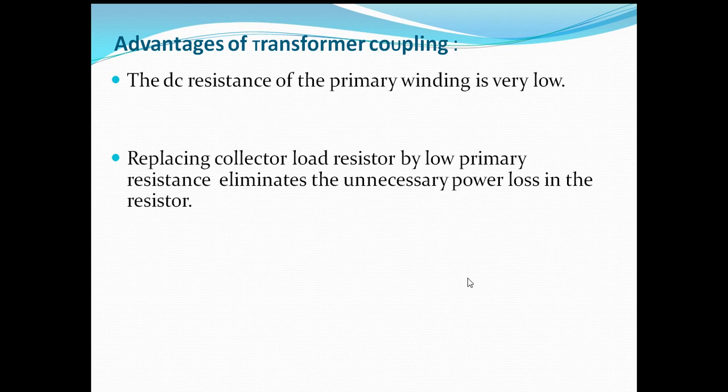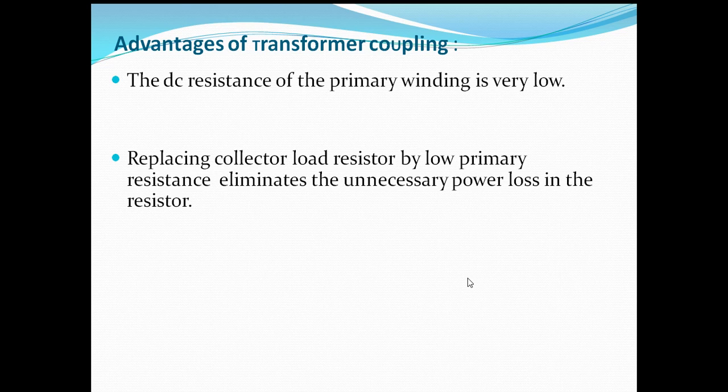Replacing the collector load resistor by a low primary resistance eliminates the unnecessary power loss in the resistor. Here, instead of using RC, the load resistor at the collector can be replaced with a transformer.